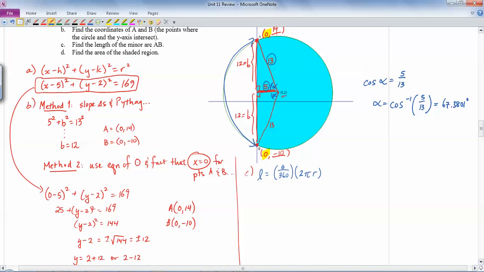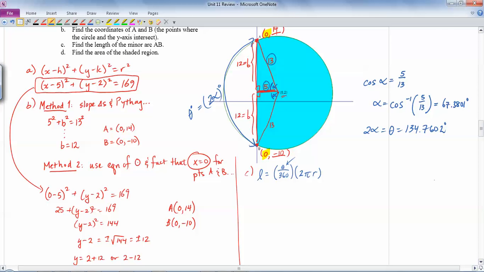So the whole angle, which is 2 alpha degrees, or theta degrees as I referred to it here, so 2 alpha equals theta, which ends up being 134-ish, 0.7602 degrees.